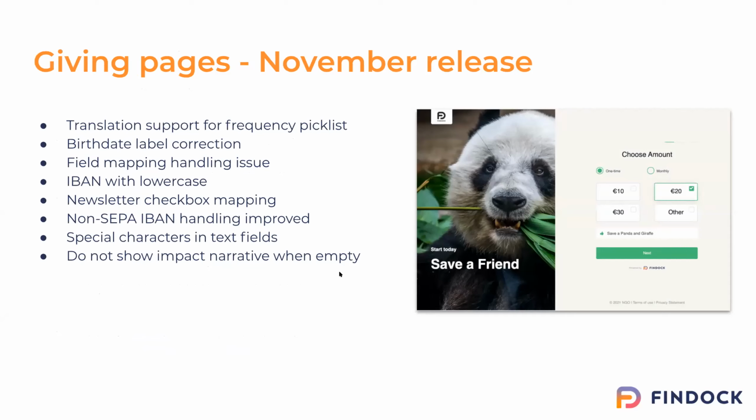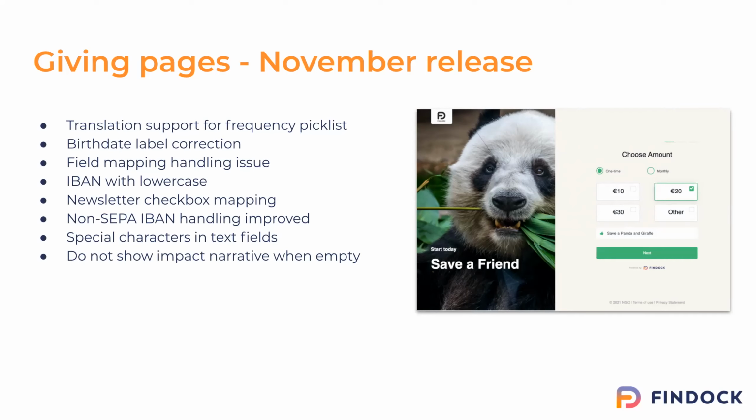Now with the November release, we spent a lot of time ironing out smaller items, small enhancements, bug fixes that you gave to us around Giving Pages. Examples are we now accept IBANs with different upper and lower cases, and we standardize on them.